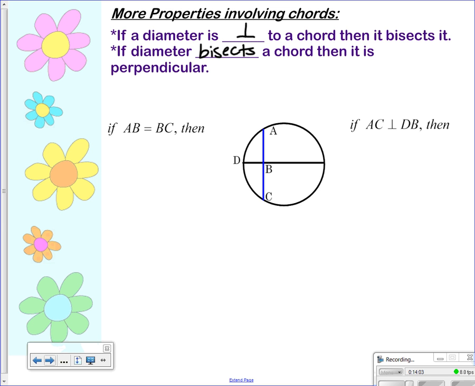So go ahead and draw that picture. And what we're going to do is kind of go through 2 different scenarios. First, we're going to say what's going to happen if we know AB equals BC. We're going to say what would happen there. And then we're going to say it the other way around. What happens if we know AC is perpendicular to DB?